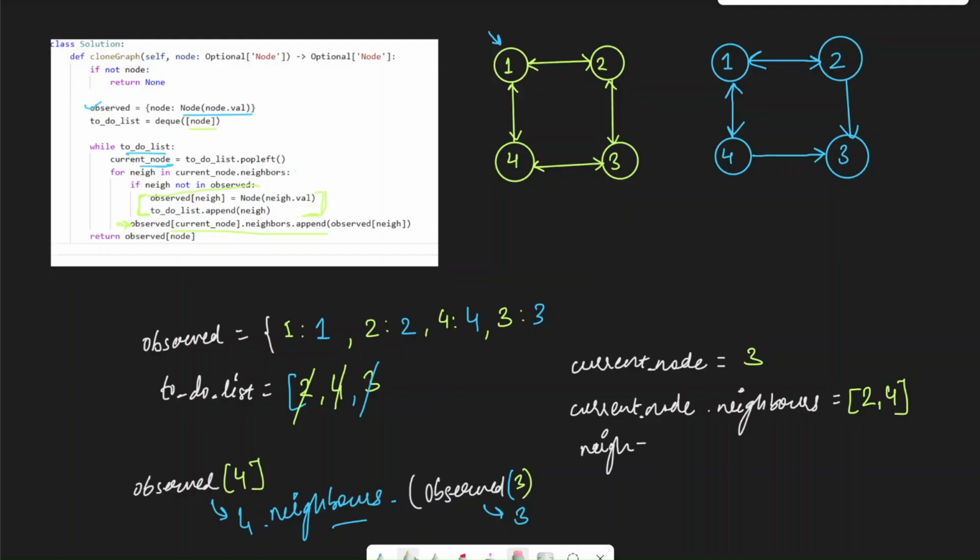Now first we are evaluating 2. So nei is equal to 2. We check for this condition. Is 2 in this observed? Yes, it is. Which means we don't have to run these two conditions. We directly jump to this observed of current node. So observed of 3 this time because current node is 3. So observed of 3 will be equal to this blue 3, which means this blue cloned 3.